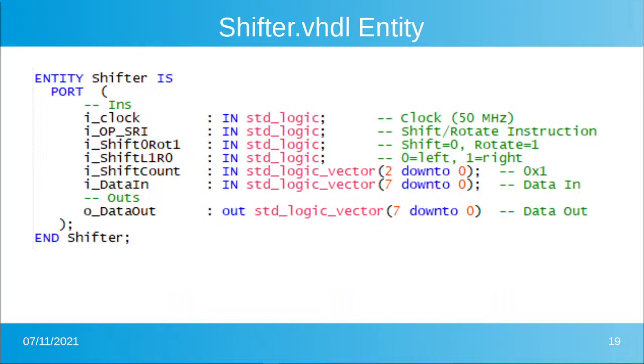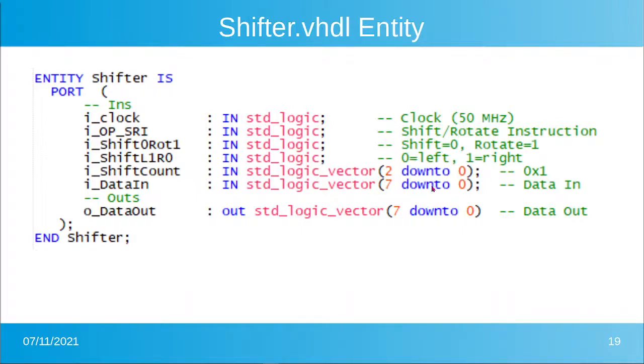The VHDL entity will have some parts we're not going to use. We don't need the clock, but we'll run it in here in case we want it. We don't really have to have the opcode coming into it, but we'll put it in just to make it only do shifting while it's running. Shift 0 rotate 1 control line, and then a shift left and shift right control line, and a shift count.